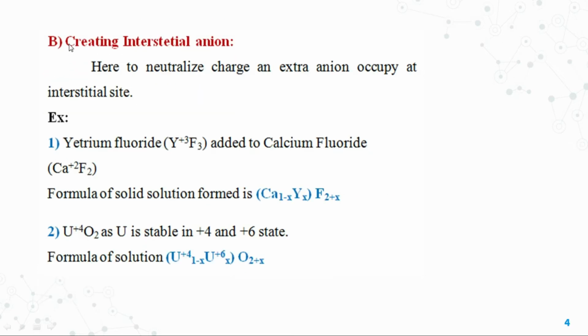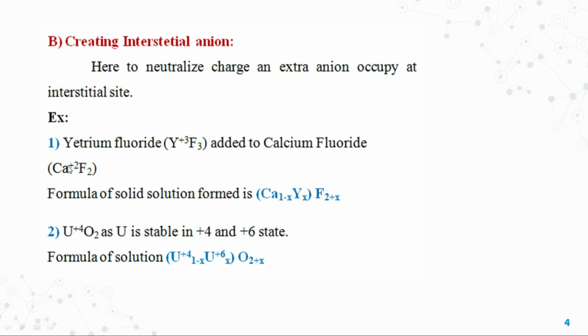A second possibility is that it creates interstitial cations, meaning extra cations will occupy interstitial positions to neutralize the crystal. The first example of this case is yttrium fluoride. In this case, yttrium with plus 3 charge is added to calcium fluoride where calcium has plus 2 charge. After addition, we are replacing calcium by yttrium.